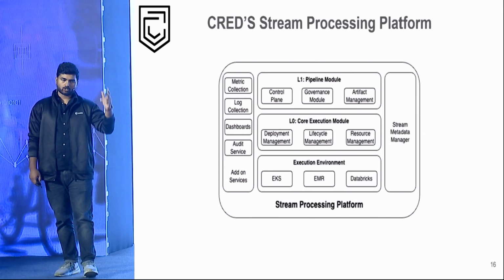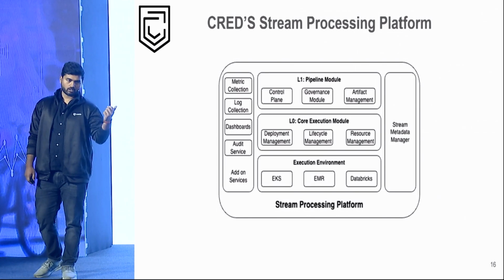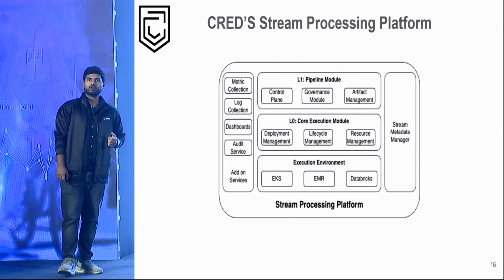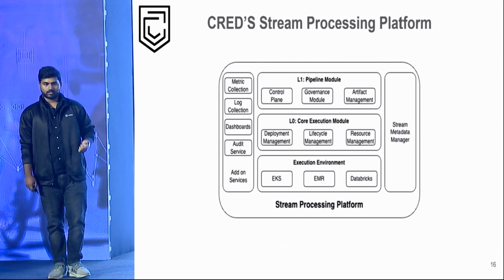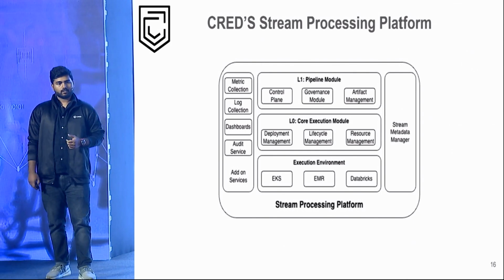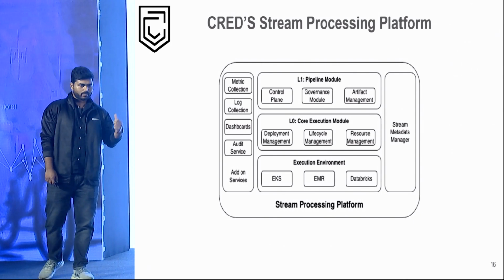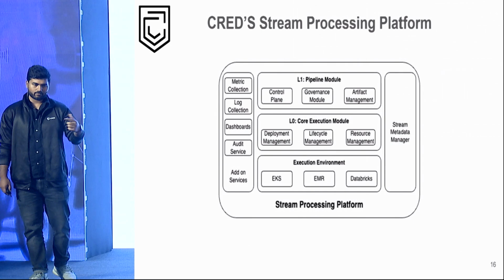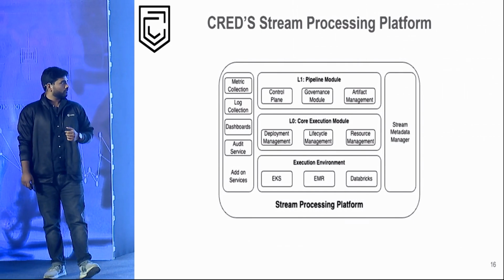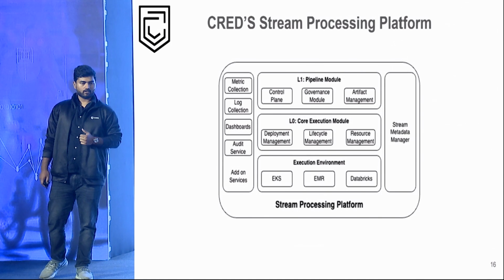So this spans all 3 layers. And of course, to work, we have a metadata manager that captures metadata for each pipeline, each execution environment, and each execution runtime that we have in the layers. So this is a fairly layered architecture. We can replace any layer with anything else, and we should be able to work. We are primarily on Flink.